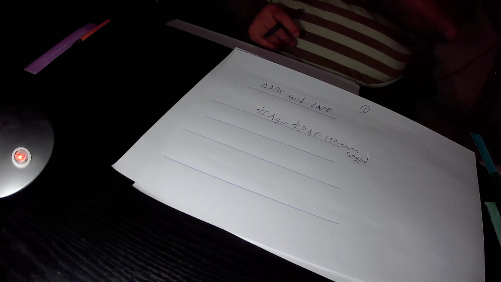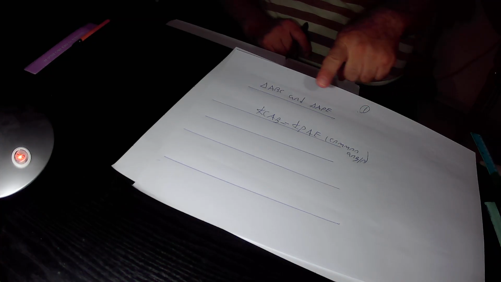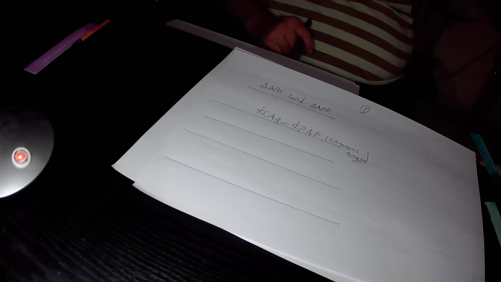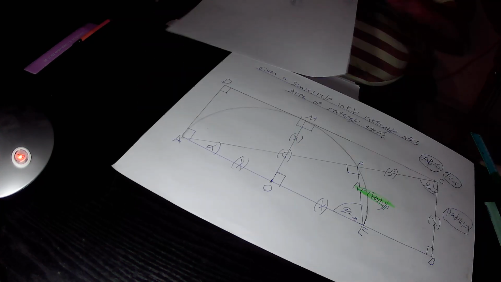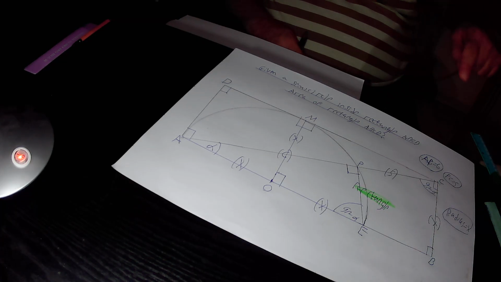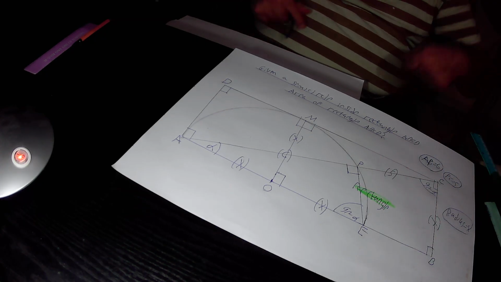So this equation means that angle A equals itself. We just call angle A by two different names. It's a common angle that belongs to both triangles. This is angle CBA in triangle ABC.